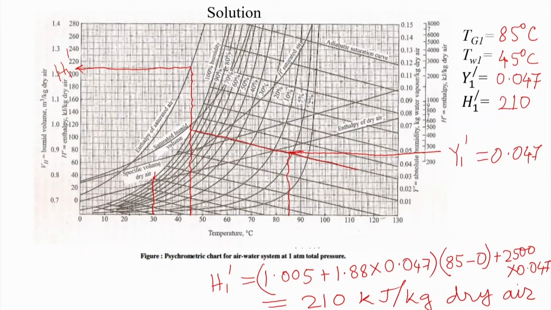We go up to here and then move across, and that is H2 prime, which is 98 kilojoule per kg dry air. Correspondingly, at the wet bulb temperature of 30 degree Celsius, the relative humidity is also fixed.